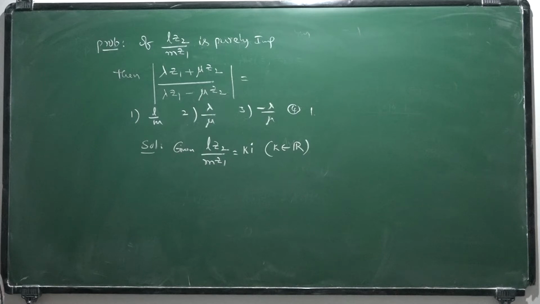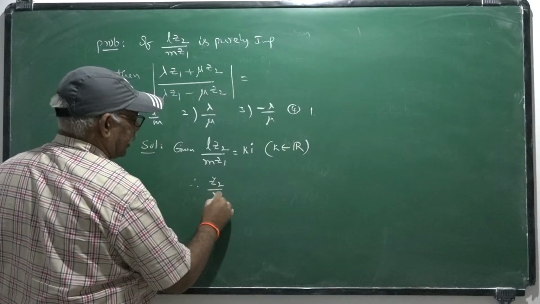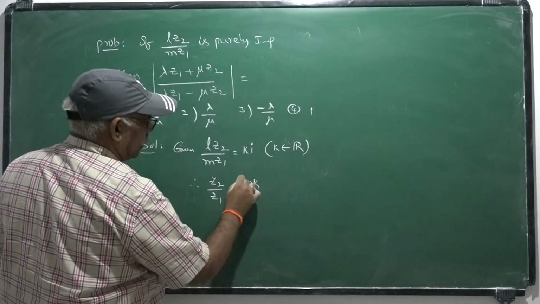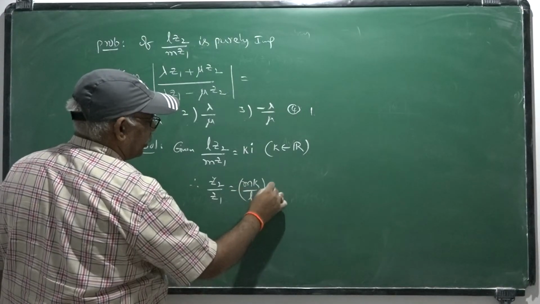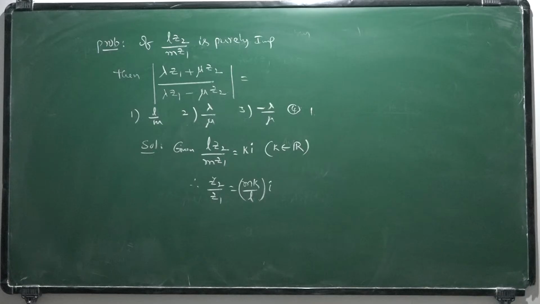Since it is purely imaginary, I am taking it as ki. So in such a case, Z2 by Z1 takes the value mu k by lambda into i.